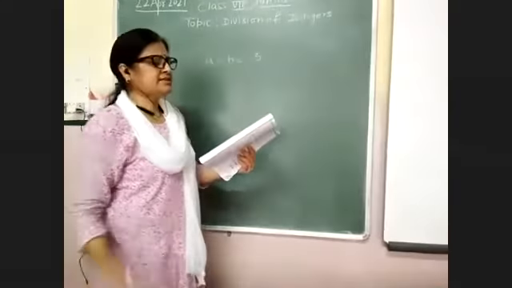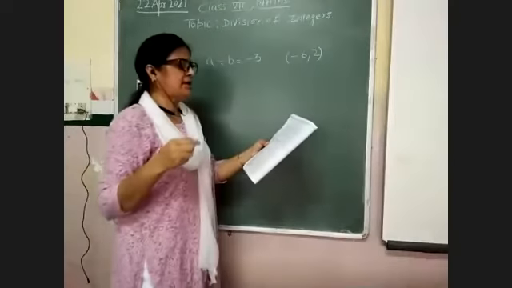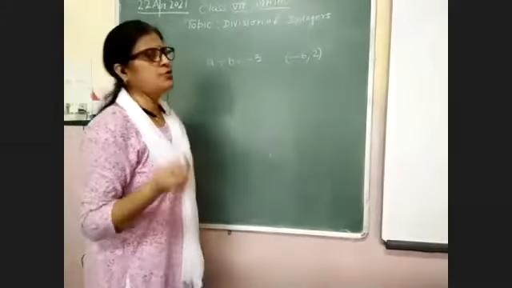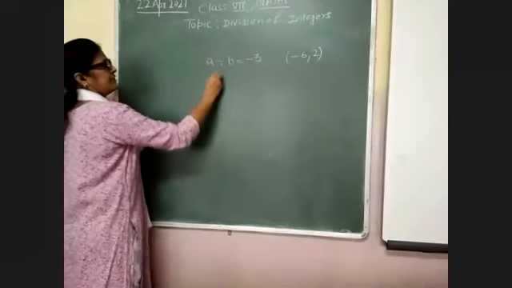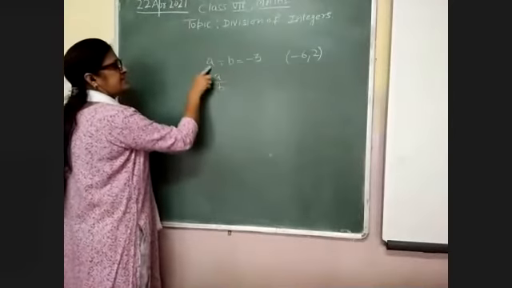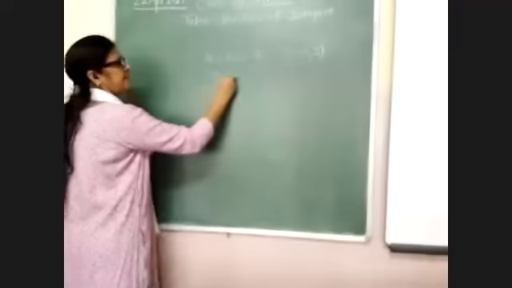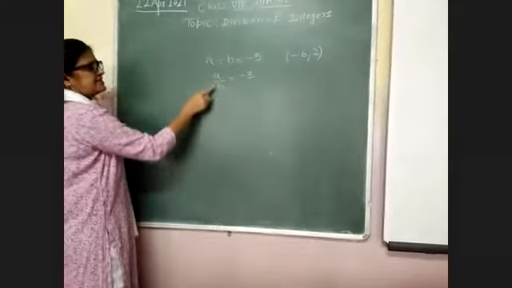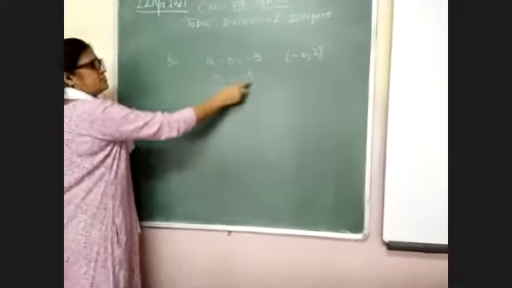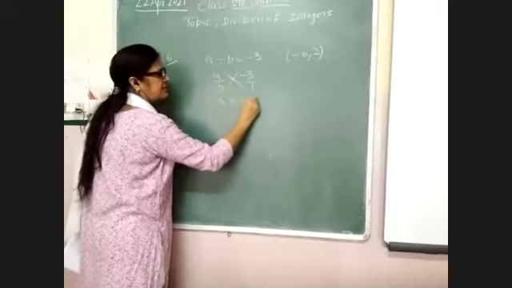One pair is written here, -6 and 2, and you have to write down 5 pairs. So how will you write such pairs? First you write A divided by B equal to A upon B equal to -3. You can write like this: A upon B equal to -3. By cross multiply, A equal to -3B.